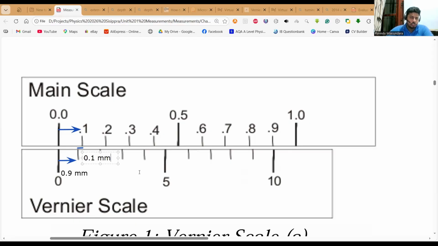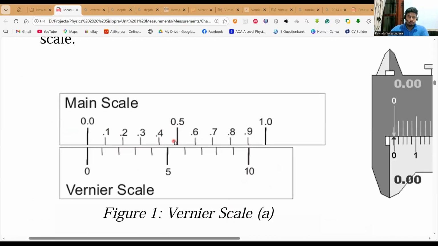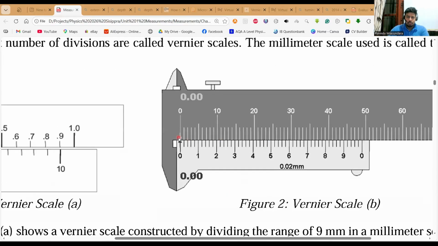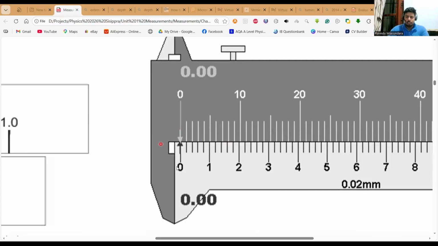So when you take an instrument with you, you have to first calculate the least count. Without knowing the least count, we cannot actually go for the measurements, right? In the second diagram also, here also, this is the maximum magnification that I can take.